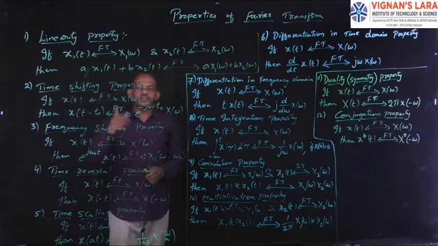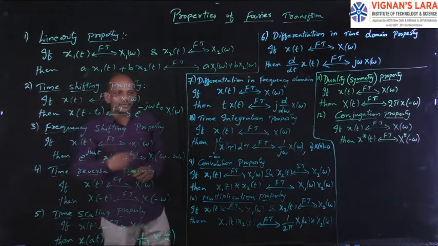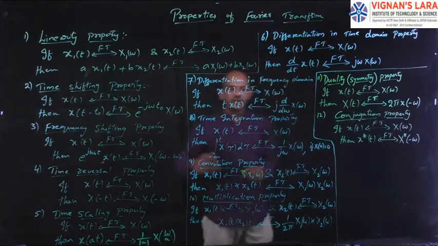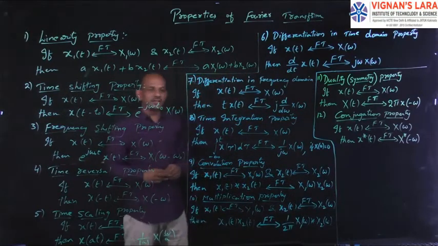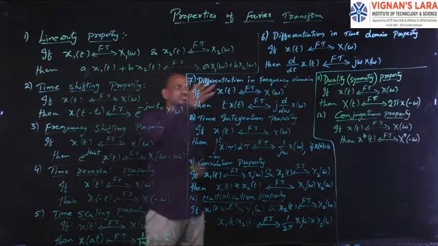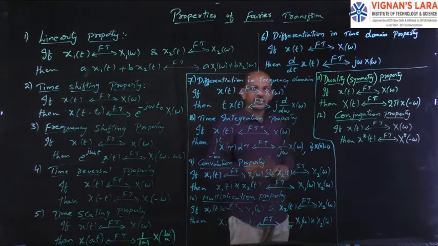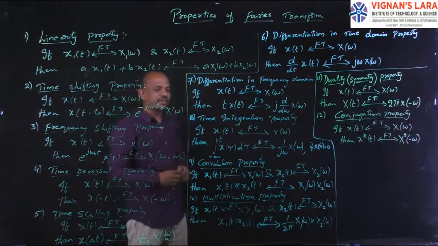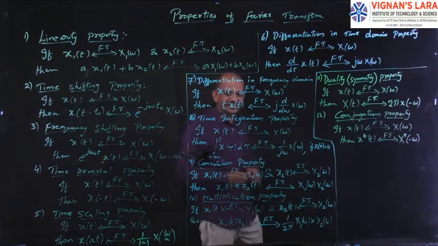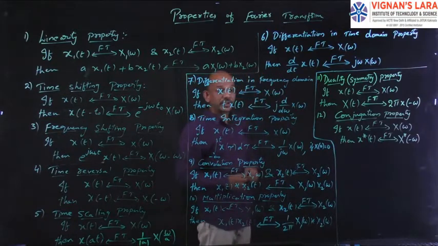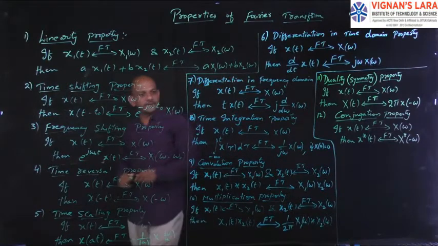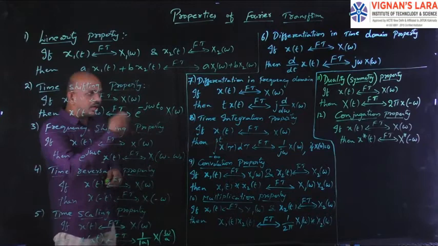They are: the first one, linearity property; second, time shifting property; third, frequency shifting property; fourth, time reversal property; fifth, time scaling property; sixth, differentiation in time domain property; seventh, differentiation in frequency domain property; eighth, time integration property; ninth, convolution property; 10th, multiplication property; 11th, duality or symmetry property; and 12th, the last one, conjugate property. So I have given 12 properties.